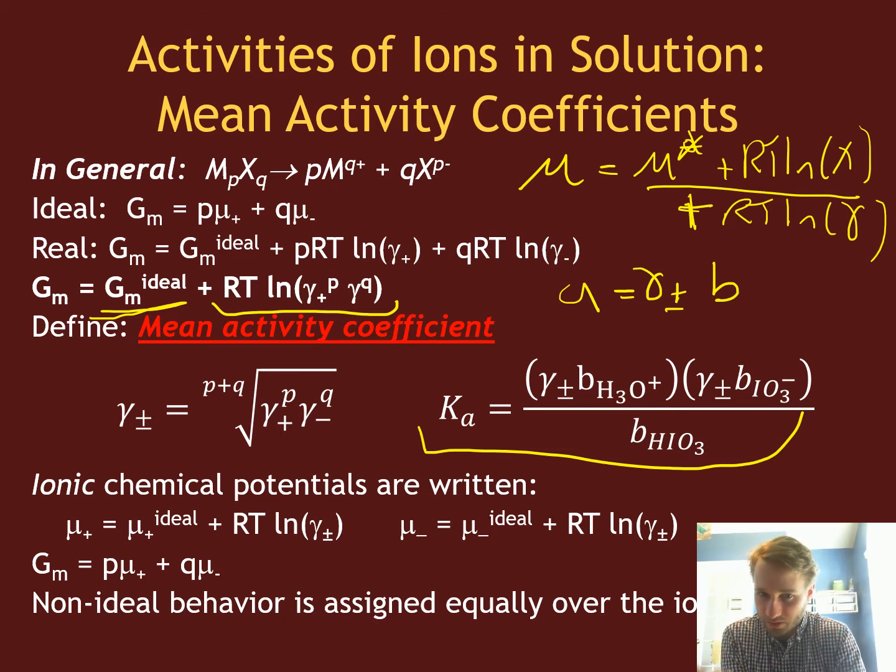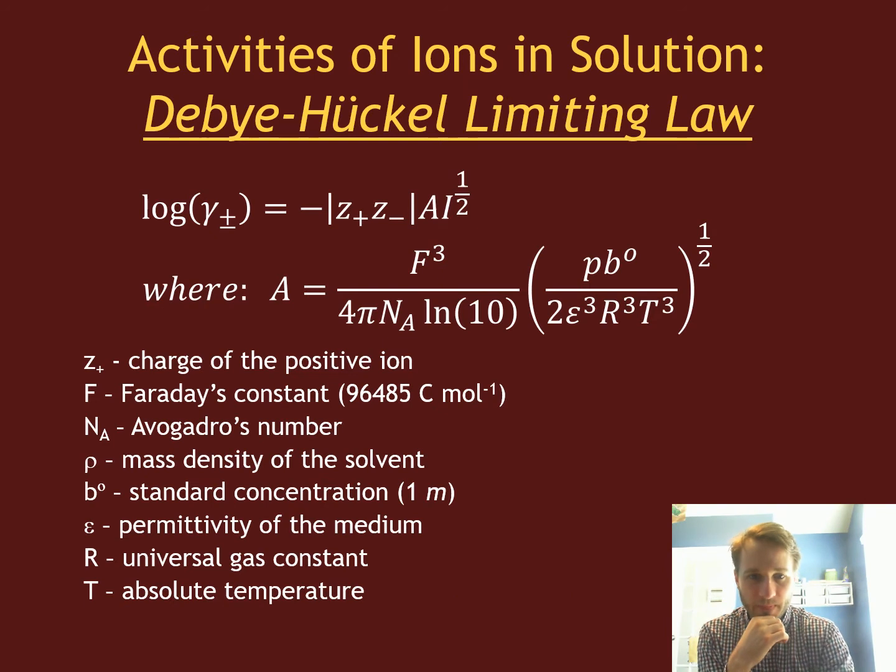This is an approximation, but we can do this. It means that this non-ideal behavior is effectively assigned equally over both ions, so the chemical potentials of the cation and the anion have the same correction from non-ideal behavior.